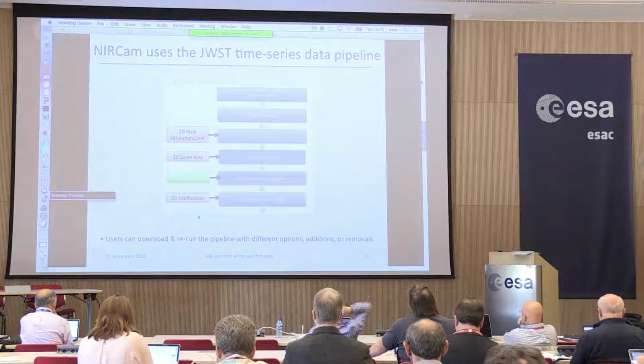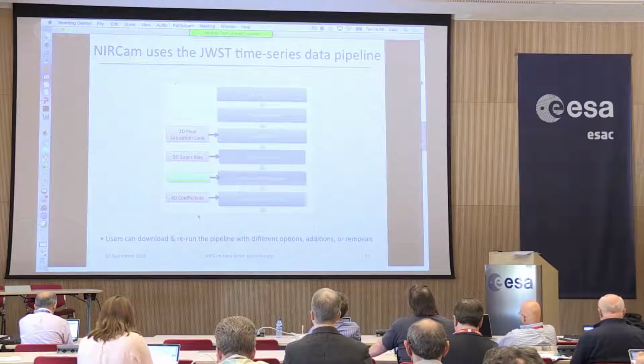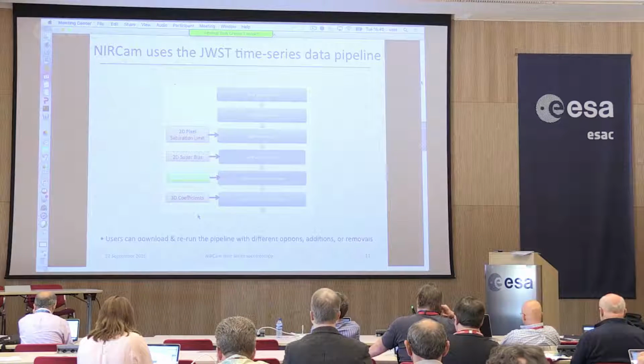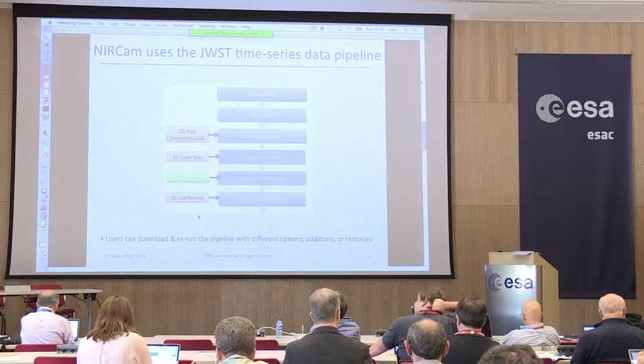I don't want to say a lot about the pipeline, but NIRCam will use the time series data pipeline that is being developed for all of James Webb, very similar for all of the near-infrared instruments.